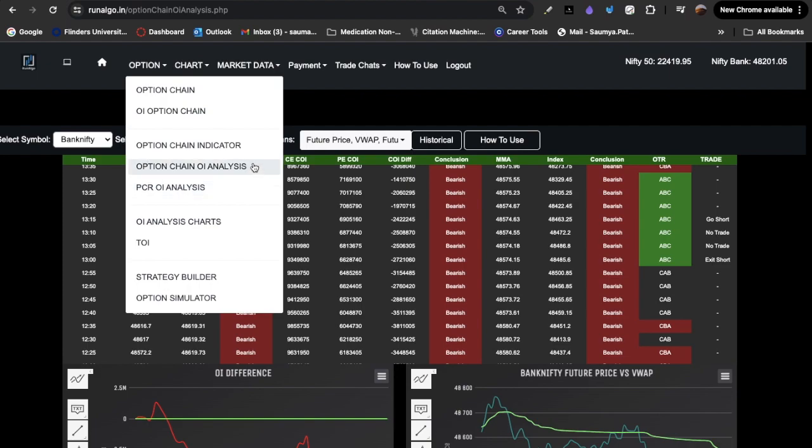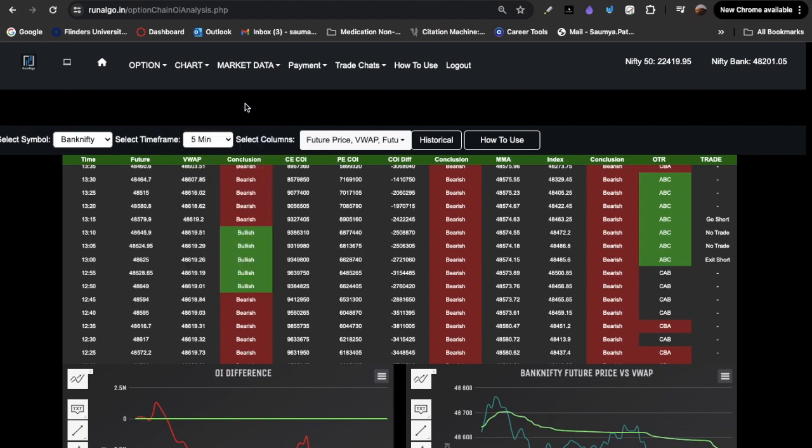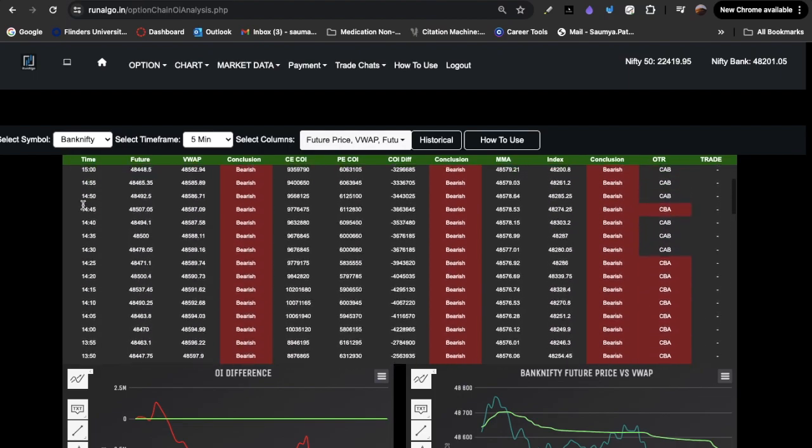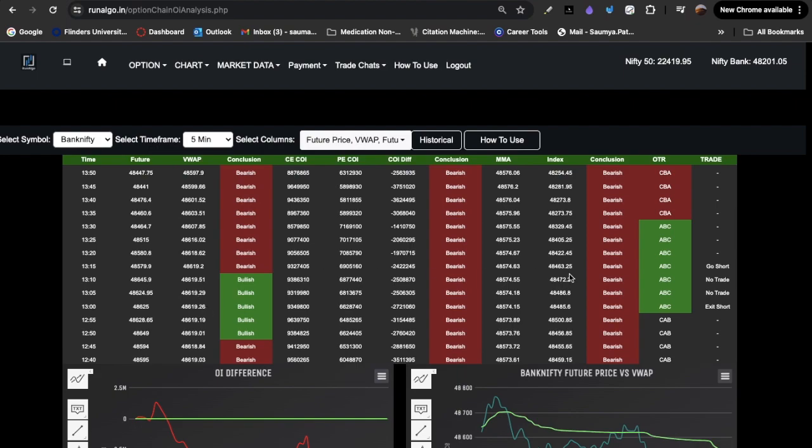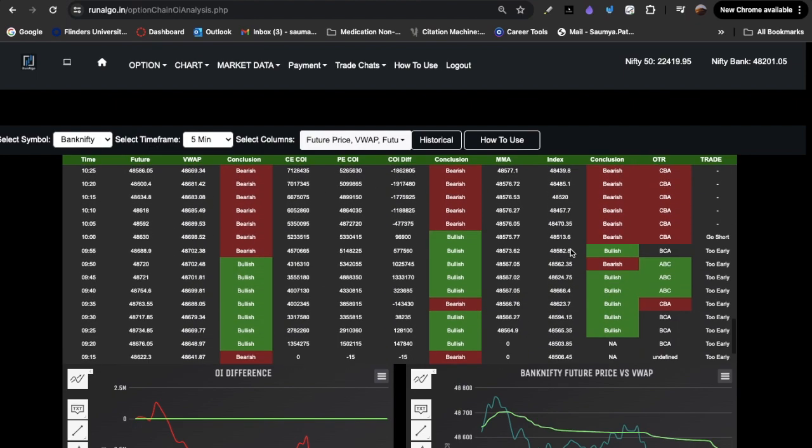For OTR, let's go to the option chain OI analysis page on Renalgo. Over here you can see that there is a lot of data. This is nothing major, but it's everything combined as a summary on here.